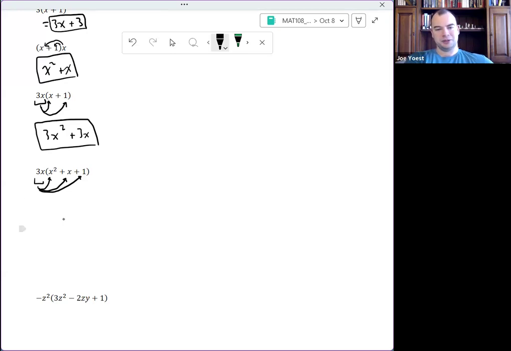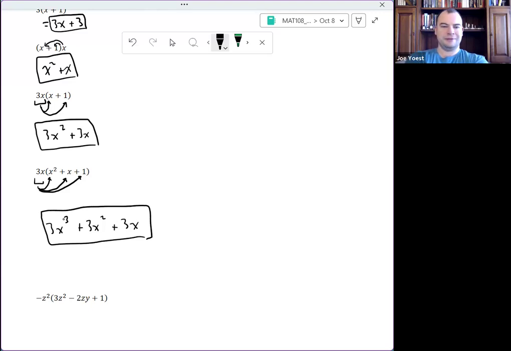So 3x times x squared is 3x to the third power, plus 3x times x is 3x squared, and then plus 3x times 1 is plus 3x. Any questions so far?